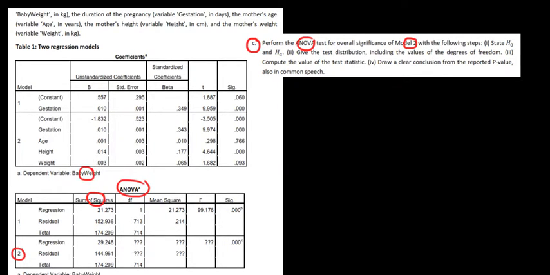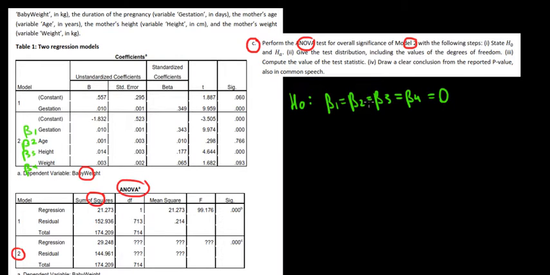If we want to write this down in hypothesis format, we're testing whether we have no effect of our model, no effect of our variables. So the coefficients, if we call them beta 1, beta 2, beta 3, and beta 4, we're testing whether all of them are 0 or not.